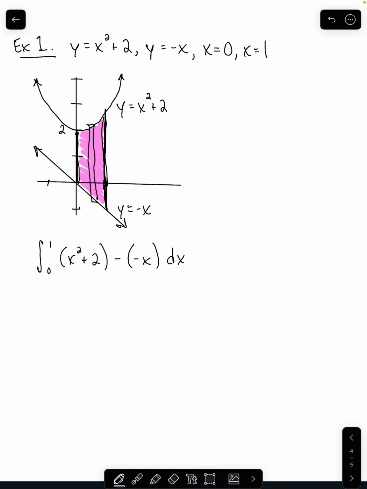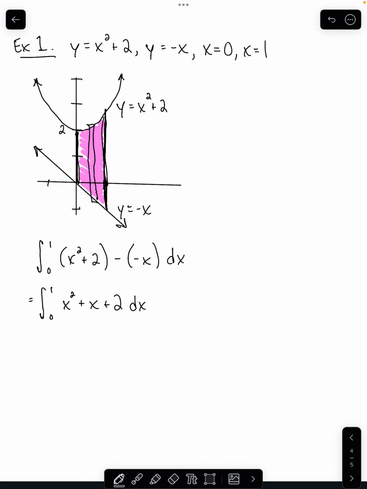minus the line negative x dx. Now again, we could find these two integrals separately, but in many cases it's easier to write them in a single integral like this because we can often combine like terms and create a form that is easier to work with. In this case, this can be rewritten as the integral of x squared plus x plus 2 dx.